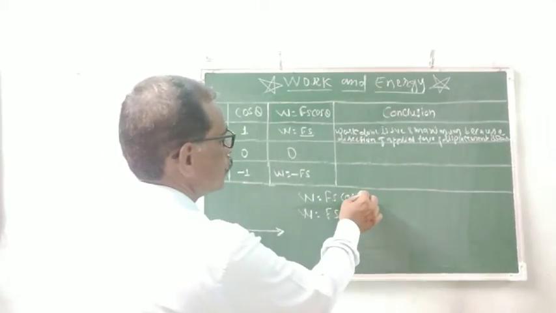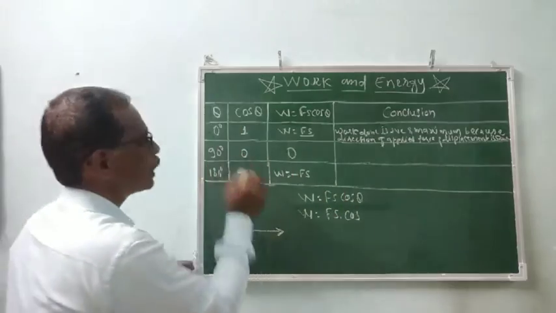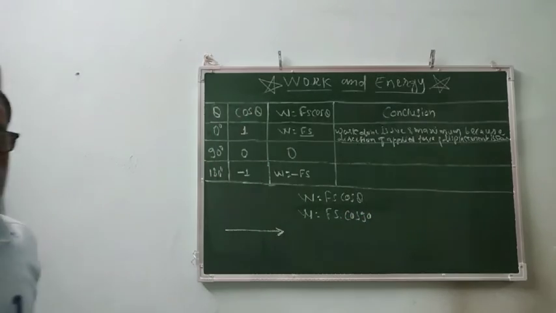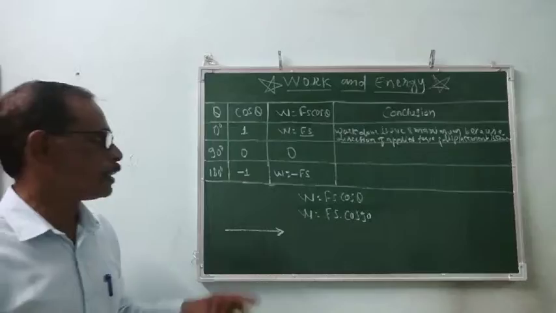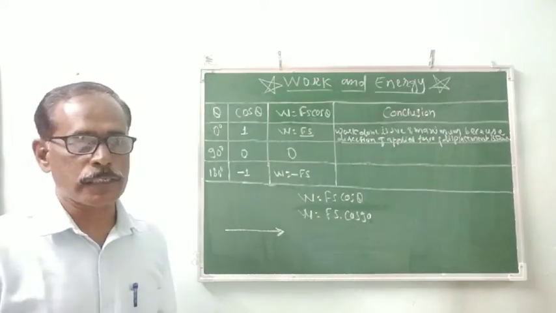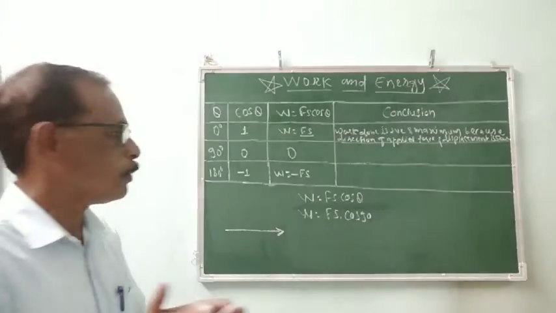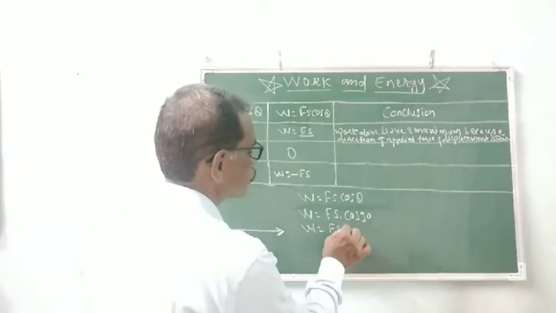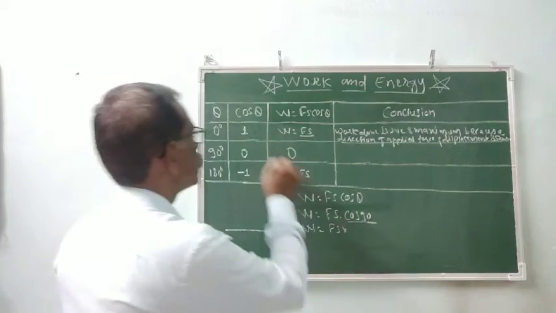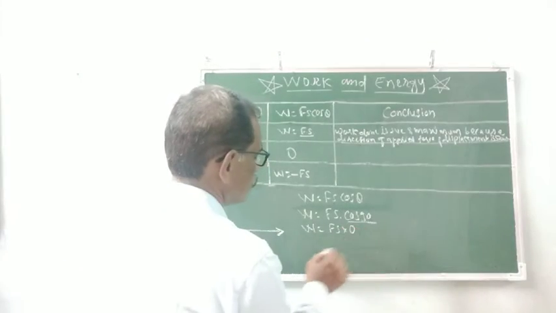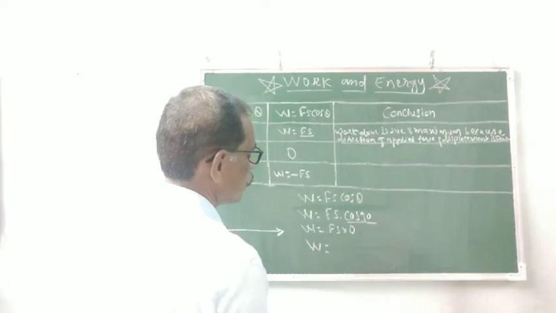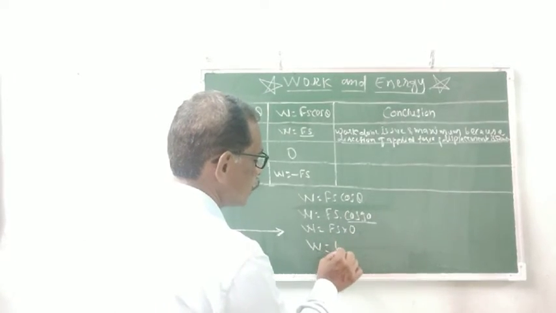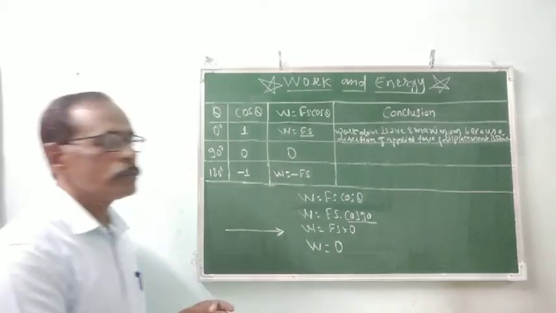In place of theta we write 90, cos 90. We have the value of cos 90, that is 0. We put that value in our equation, W equal to Fs into cos 90, and cos 90 is 0, so the work done is also 0. Fs multiplied by 0, we get the magnitude 0 joule.